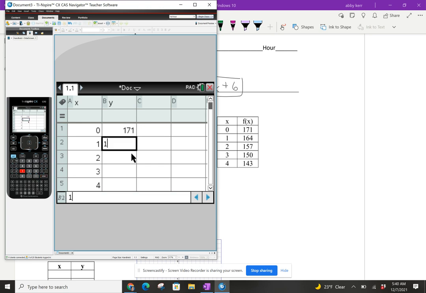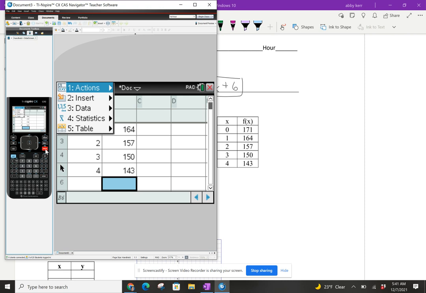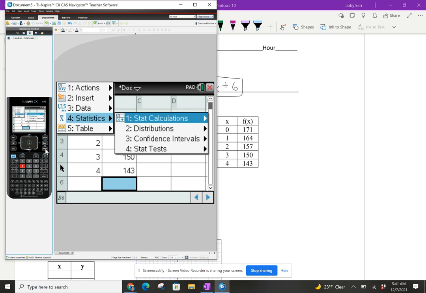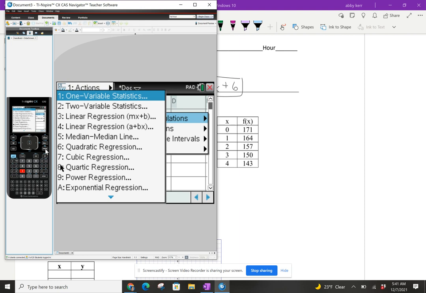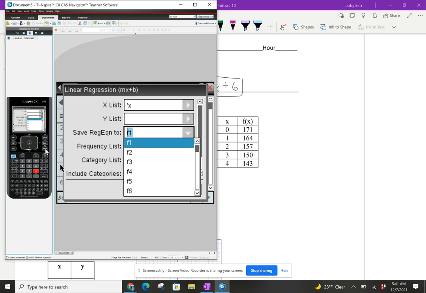So just type in the numbers. Make sure you have a blue box. We're going to go to stats, number 4, stat calculation, number 1, linear regression. I'm going to ignore that. I went too far.